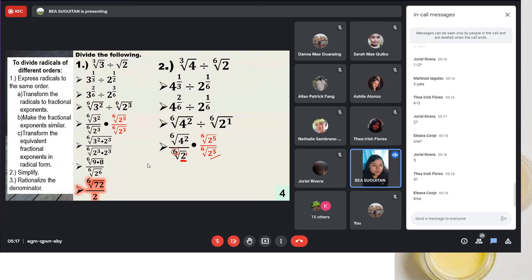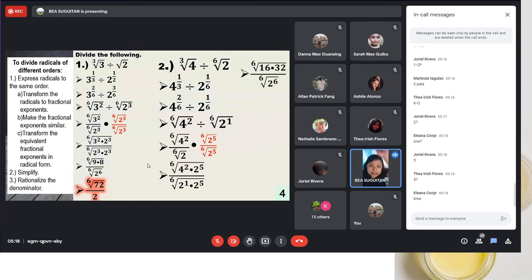Mag-rely kayo sa exponents. So, kung isang exponent ko, ilang pa ang kailangan ko na 2 para maging perfect 6th power, pwede nyo pong gawin yan. Okay? So, let us multiply that. So, this will now be 6 root of 4 squared times 2 raised to 5 all over 6 root of 2 raised to 1 or simply 2 times 2 raised to 5.